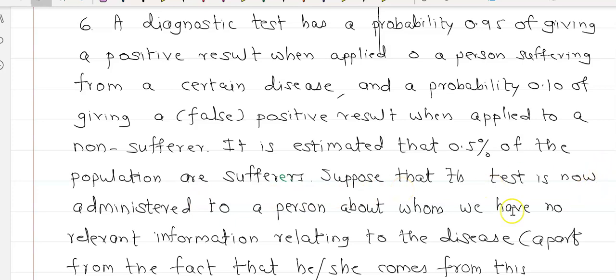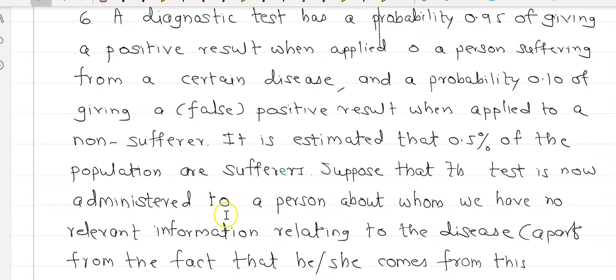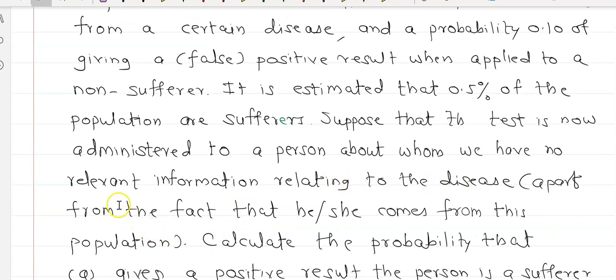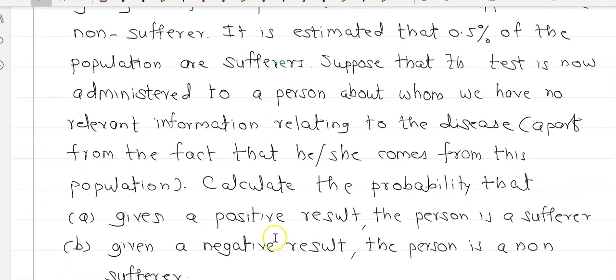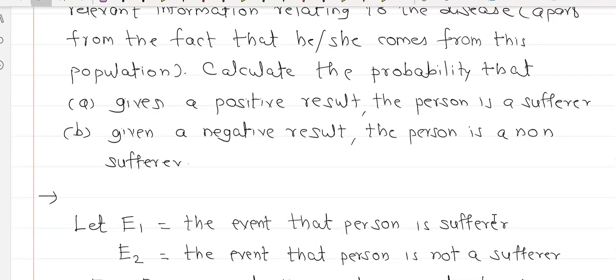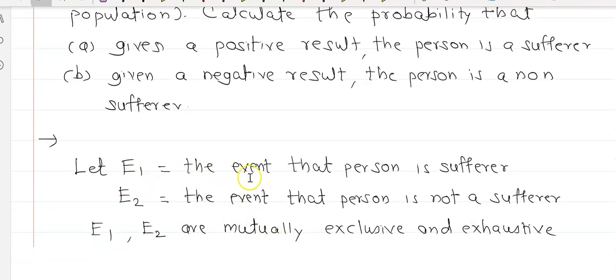Suppose that the test is now administered to a person about whom we have no relevant information relating to the disease. Then calculate the probability that, given a positive result, the person is a sufferer, and given a negative result, the person is a non-sufferer. Now here again E1 is the event that the person is a sufferer, E2 the event that the person is a non-sufferer. Now E1 and E2 are mutually exhaustive events.